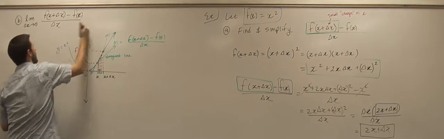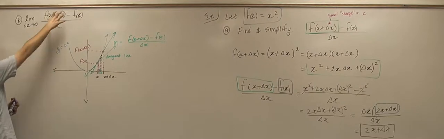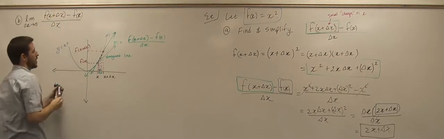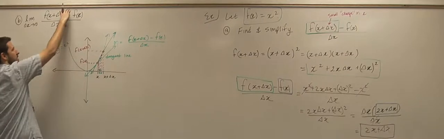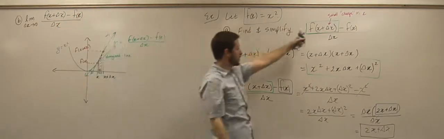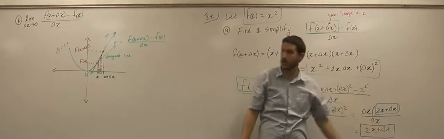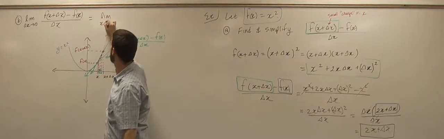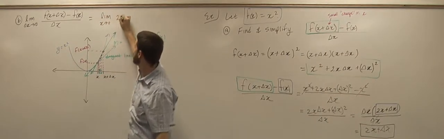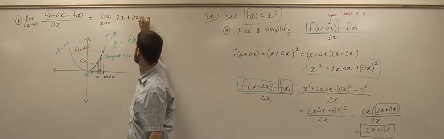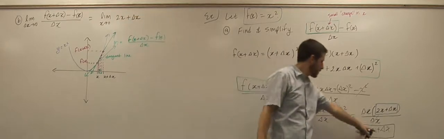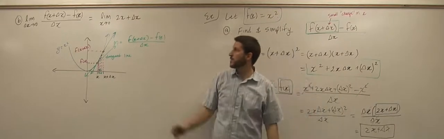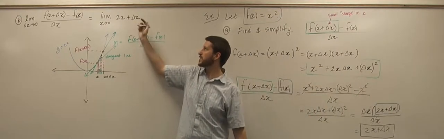So the limit as delta x goes to 0 of this difference quotient. Well, I did a bunch of algebra on this, and I learned that the difference quotient is just equal to this. So this limit is equal to the limit as delta x goes to 0 of 2x plus delta x. But as delta x goes to 0, this is just equal to 2x.